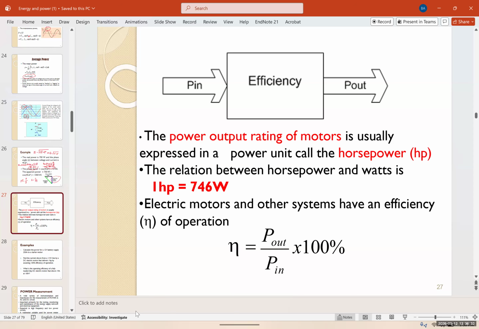If an engine is 70 kilowatts, it's around 100 horsepower, something around that. Now, electric motors have a lot of advantages compared to internal combustion. One advantage is that they have instant torque.